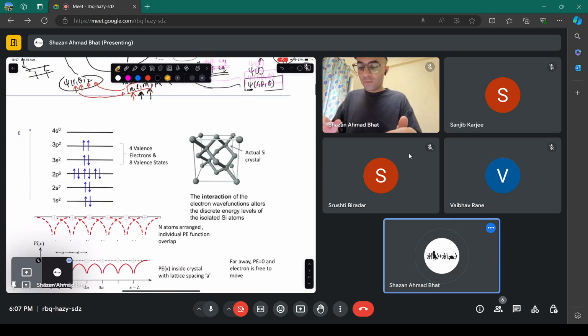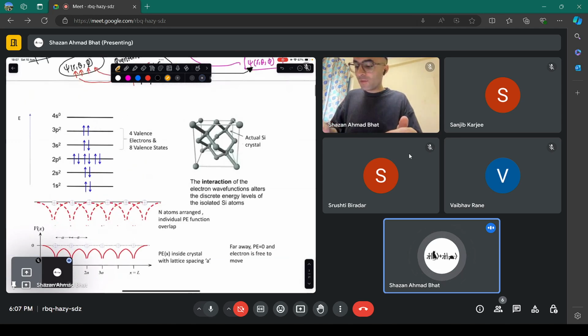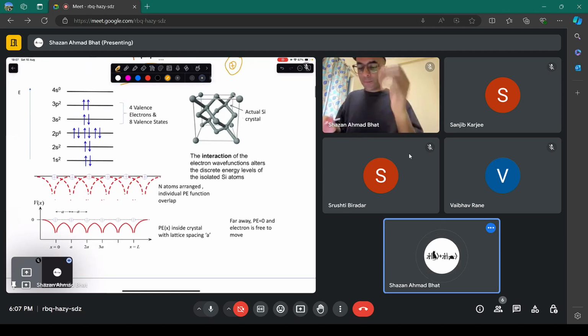And now moving on, we don't have only one atom and one electron. We are talking about solids. So let's jump into the solids. The solid picture is something like this. Let's say we talk about silicon. The electronic configuration is 1s2, 2s2, 2p6, 3s2, 3p2, and 4s0.